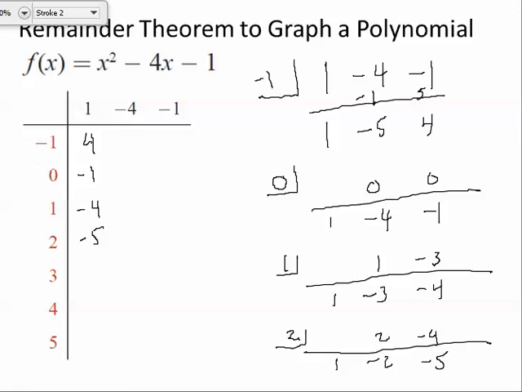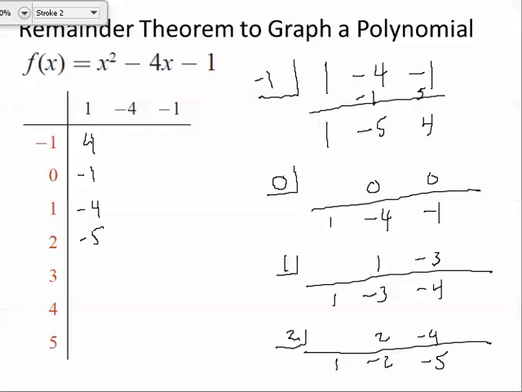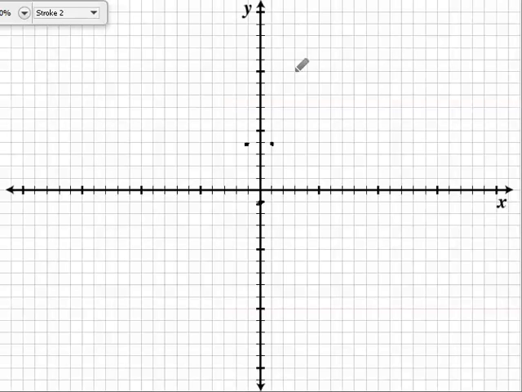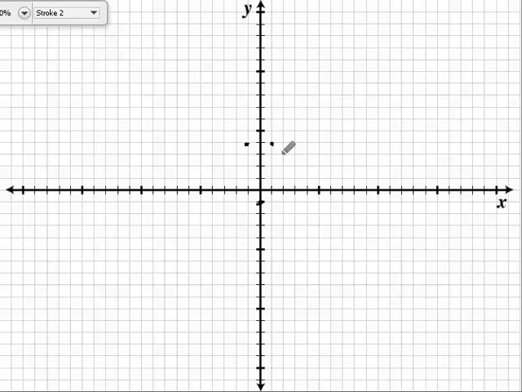And then we had 0 was at -1. And at 2, we were at -5. So 1 was at -4. 2 was at -5.